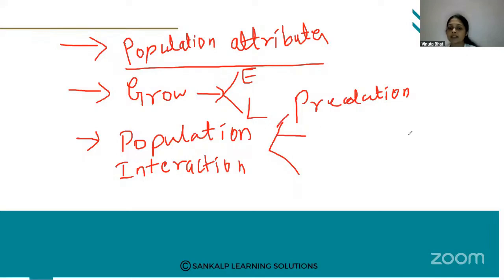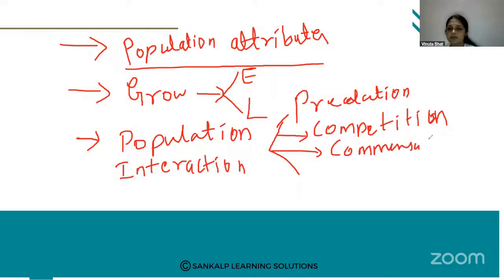Then the second thing is competition. Very important. Then commensalism and parasitism.